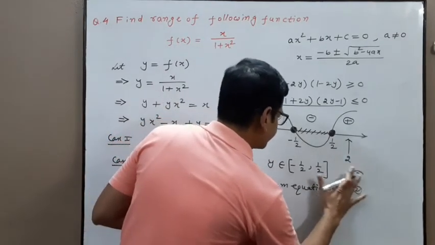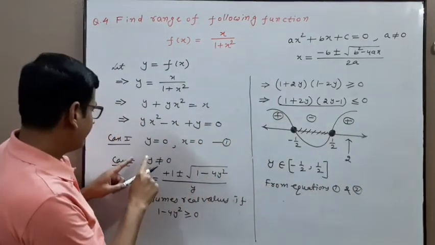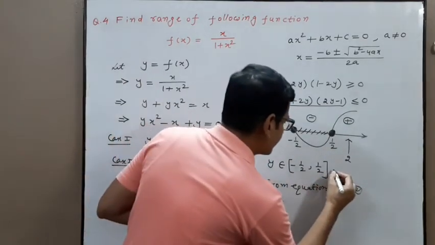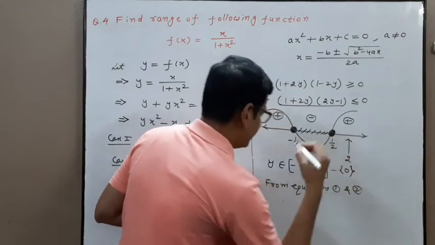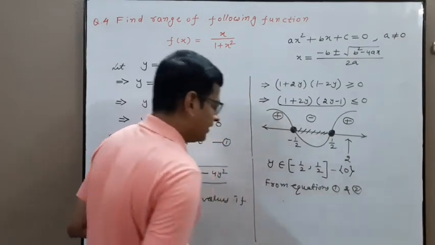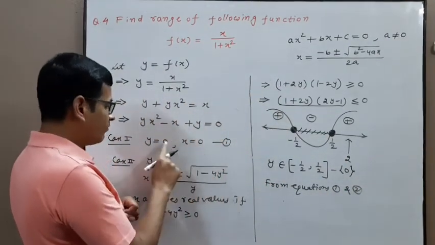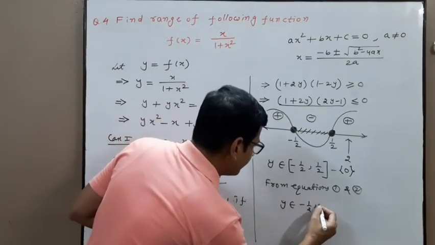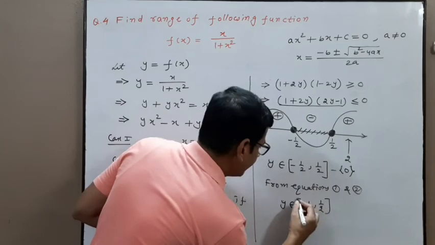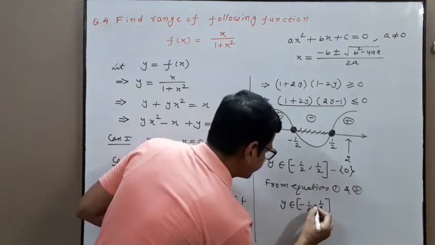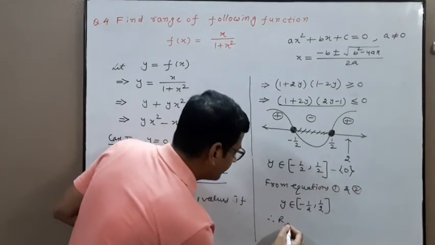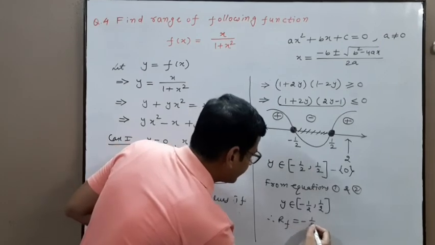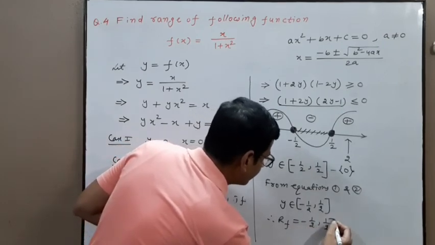Sorry, when we apply y not equal to 0, so minus 0. From equations 1 and 2, at x equal to 0, y equal to 0, so y belongs to minus 1 by 2 to 1 by 2. Therefore, range f equal to minus 1 by 2 to 1 by 2.